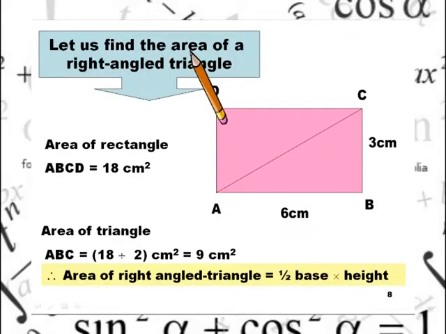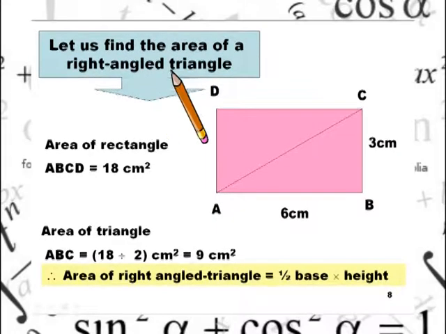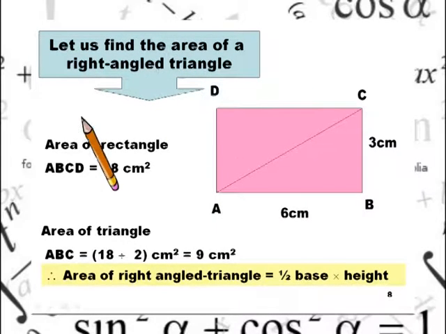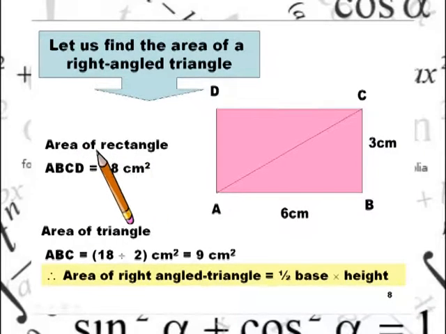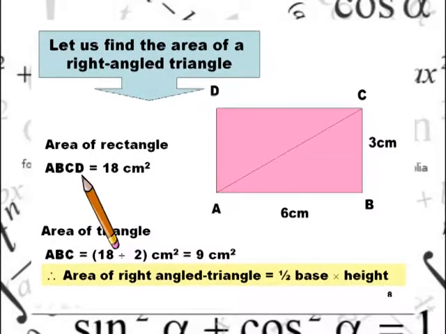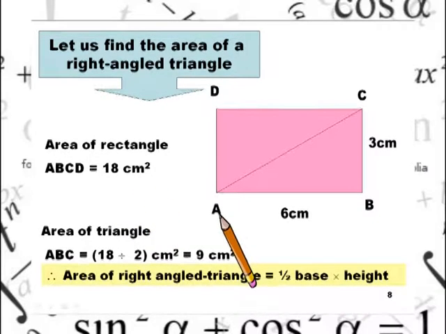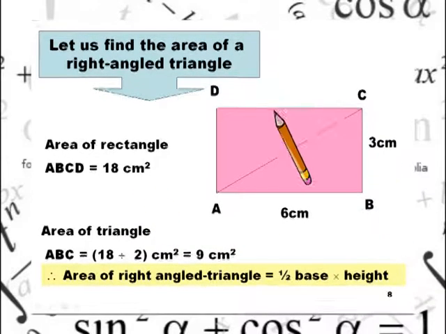Let us find the area of a right-angled triangle. Area of rectangle ABCD equals 18 cm squared.